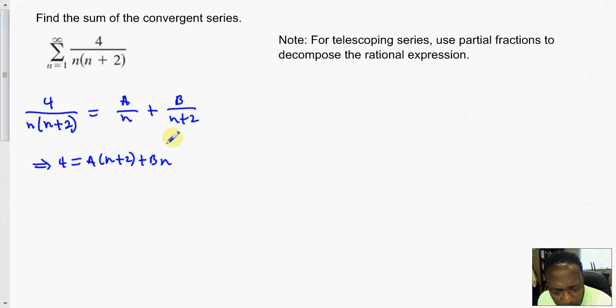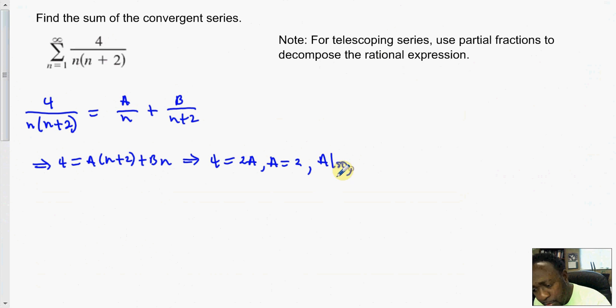If you let n equal to 0, then we have 4 is equal to 2a. A is equal to 2. Also, if you let n equal to -2, then we get 4 is equal to -2 times b.